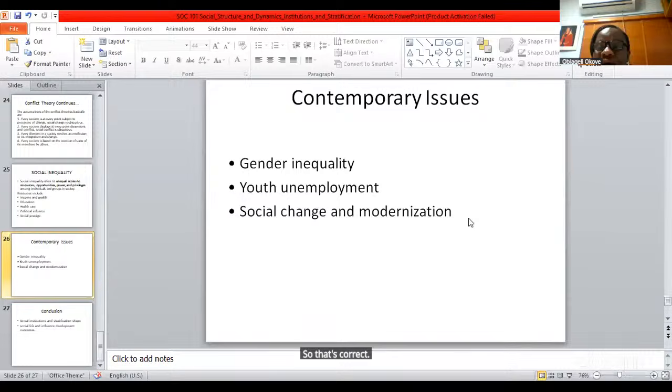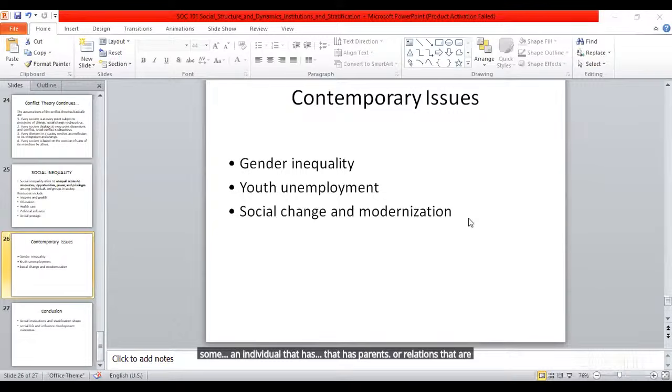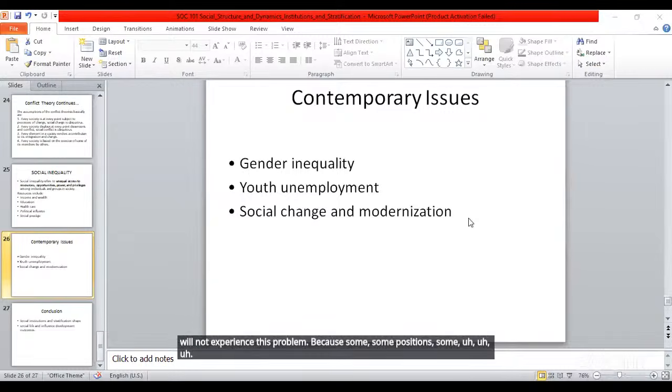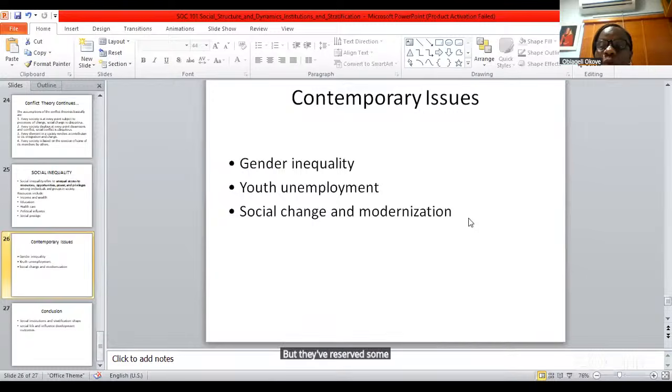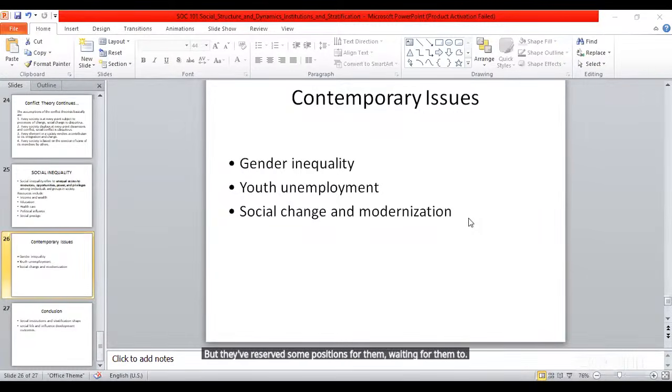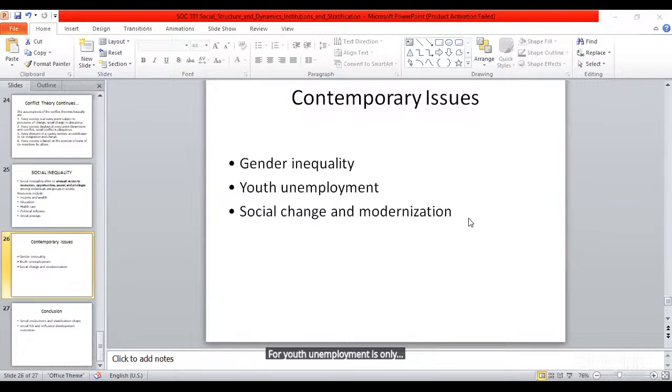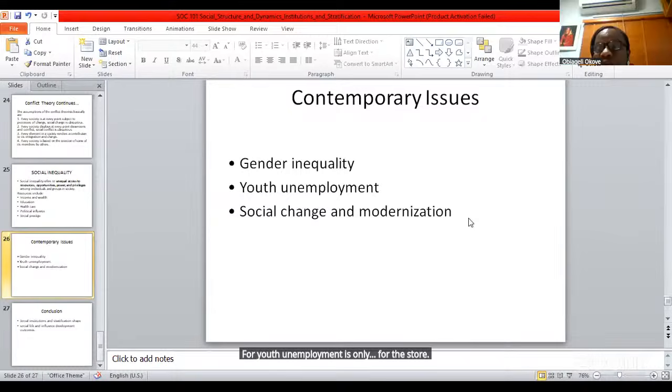An individual that has parents or relations that are well connected will not experience this problem, because some vacancies are reserved for them. They are in school already, but positions are reserved for them, waiting for them to graduate and take up the job. So youth unemployment is only for the poor, or those in the lower class and probably those in the middle class.